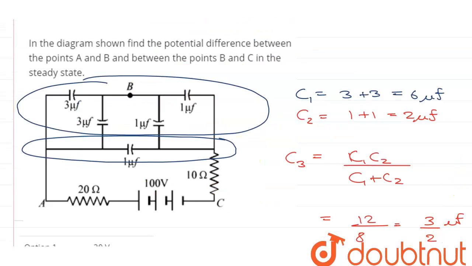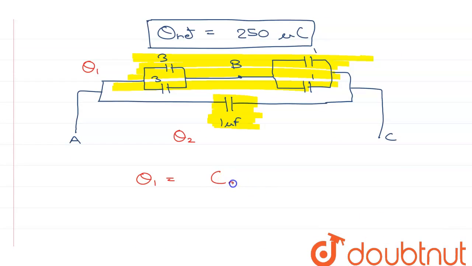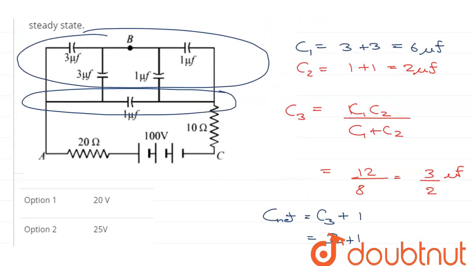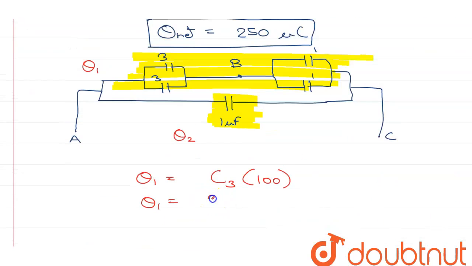Since these two branches are in parallel, the potential difference will still remain the same, equivalent to the potential difference due to the battery, so 100 volts, which means Q1 is equal to 3 by 2 into 100, which is equal to 150 microcoulomb.